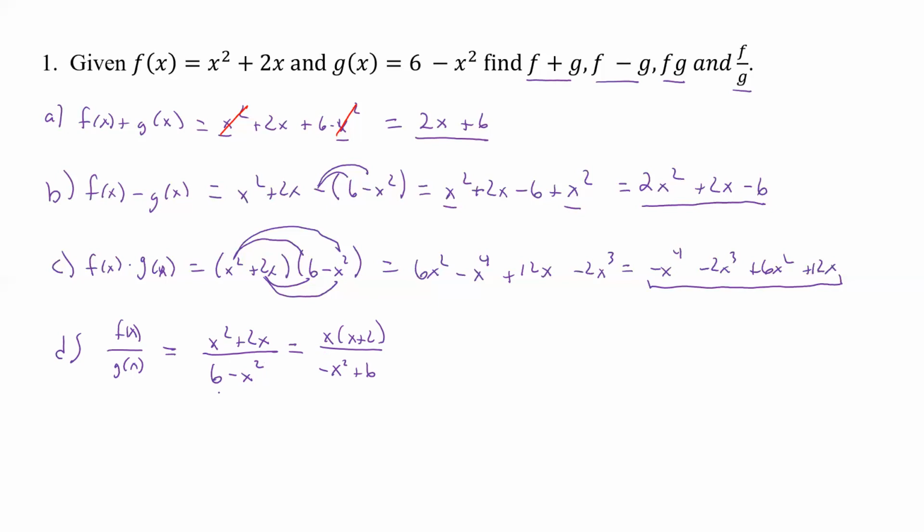We could say that's our final answer, or if we wanted to, we could say that's our answer. It all depends on how you want to do it, but that's about as simple as we can get, because even if we factored out the x, that doesn't help us. If we factored this, that's not going to help us. We could factor out a negative 1, that's not going to help us either. So that is about as far as we can go with this one here.